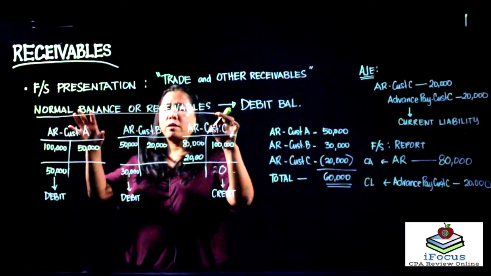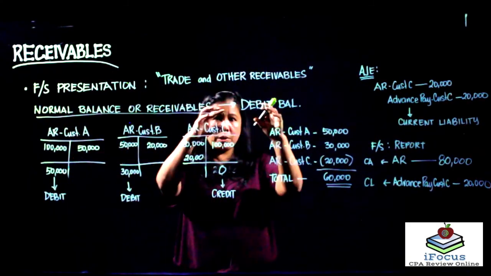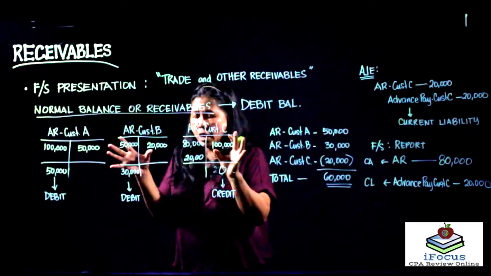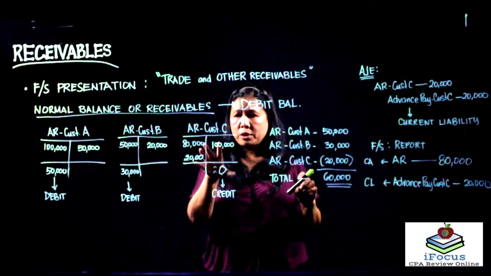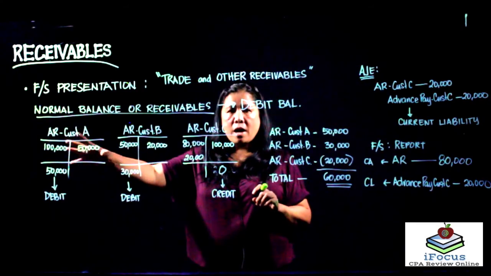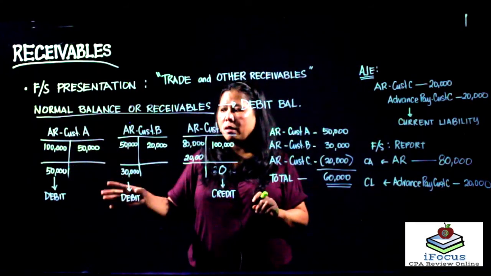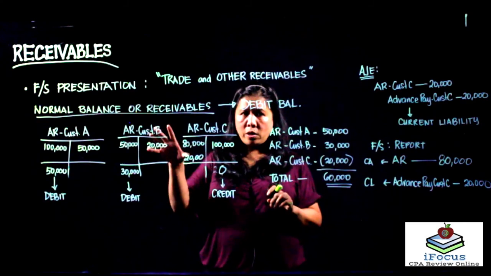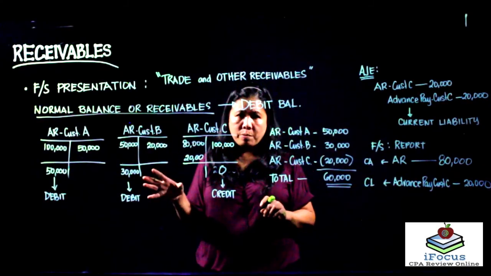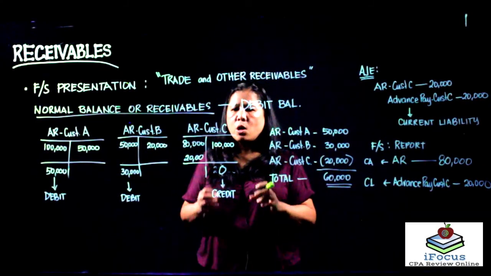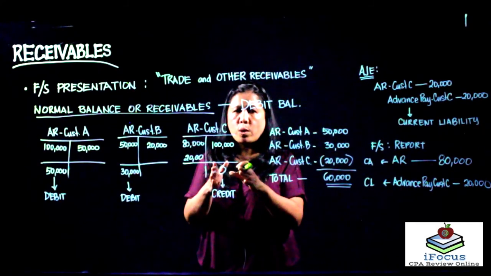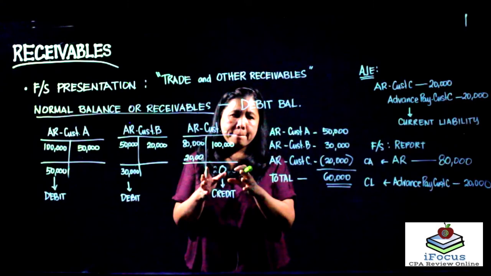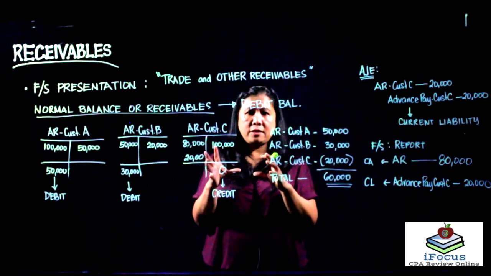The normal balance of receivable is debit balance. These are our examples. We have customer A, customer B, and customer C. Customer A has a debit balance of 50,000 as well as customer B has a debit balance of 30,000. But customer C has a credit balance of 20,000, and this is not acceptable.